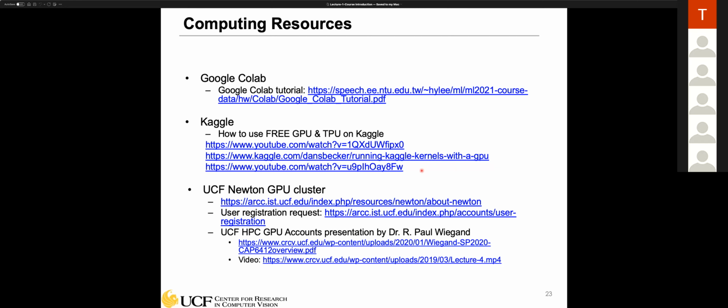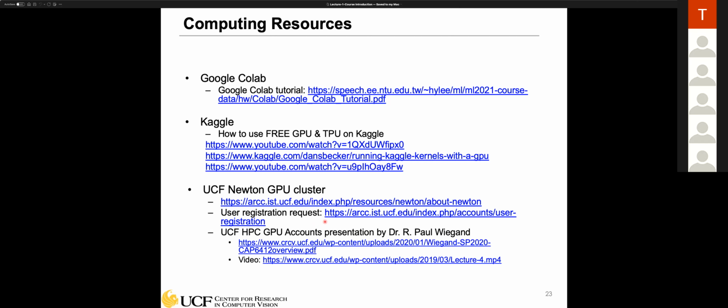And UCF also has the Newton GPU cluster, okay? This GPU cluster is made available to all the students and faculty at UCF. You can follow the instructions I provided here. I think you first have to request user registration, and you can mention you are using this for this course.